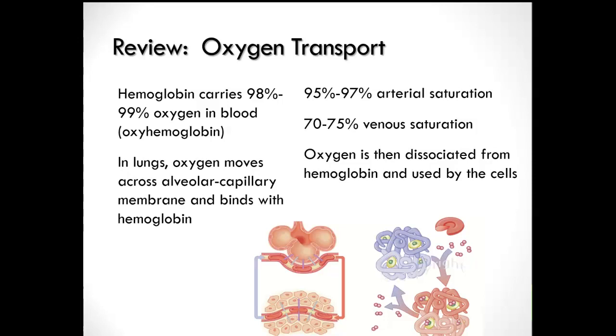And then in the lungs, oxygen moves across that alveolar capillary membrane, binds with hemoglobin, and then it's carried out to wherever it's going to be used. And then oxygen is dissociated from the hemoglobin, kind of like undocking, and is able to be used by the cells.